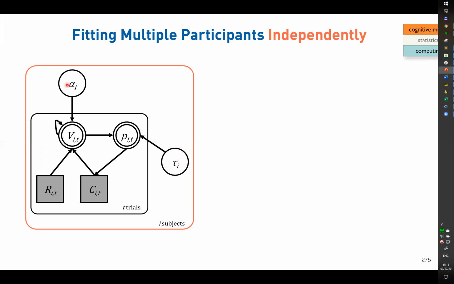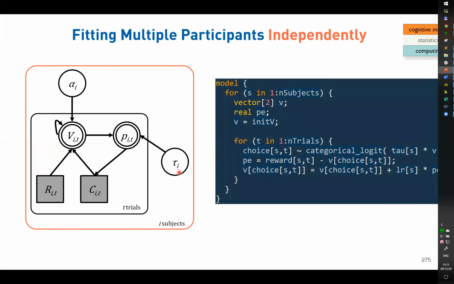So if you see this index here, that basically means each person has their own learning rate. Each person has their own tau parameter, okay? And the implementation is also not quite important here because we will skip it. Good.